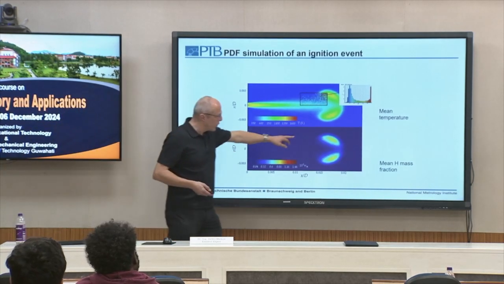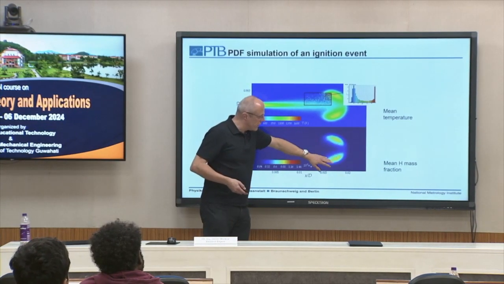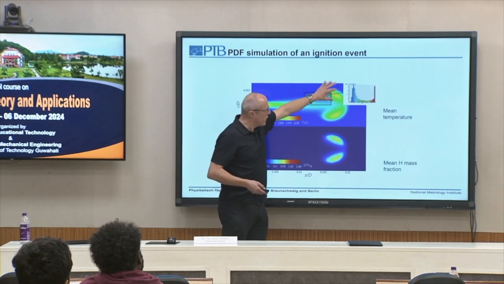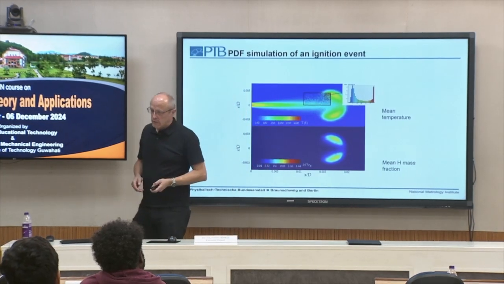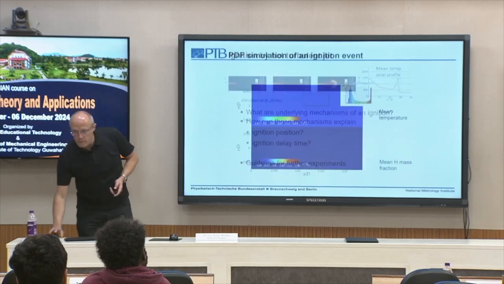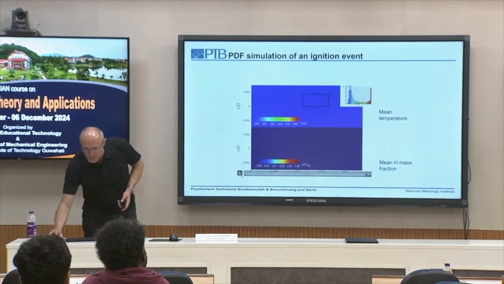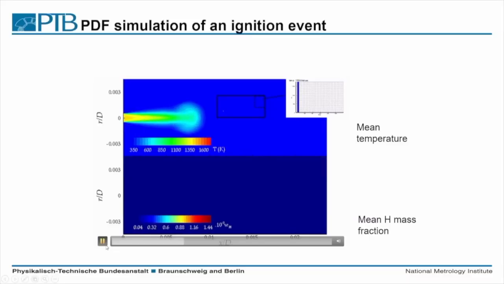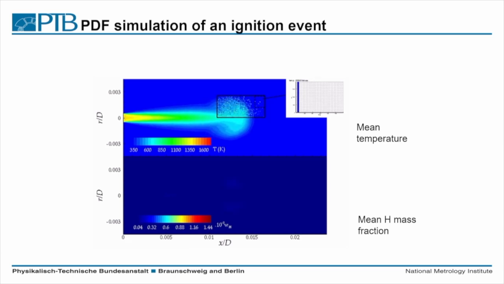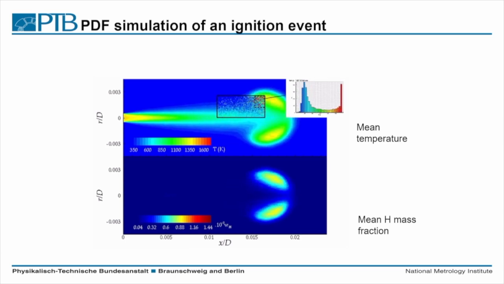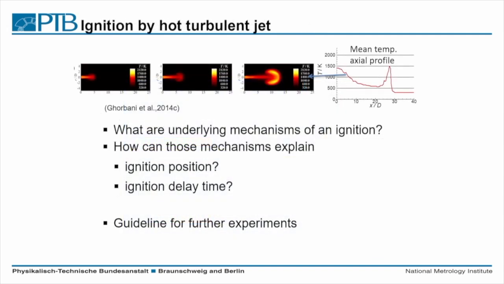So we have a formation of radicals here, and then, of course, a temperature increase in the whole system. So again, outflow of hot gas mixing with cold gas, chemistry starts to take place, and suddenly an ignition occurs. And this, of course, depends on the mixture composition, the temperature, the outflow velocity, and so on. And the question is, do we see an ignition, yes or no?